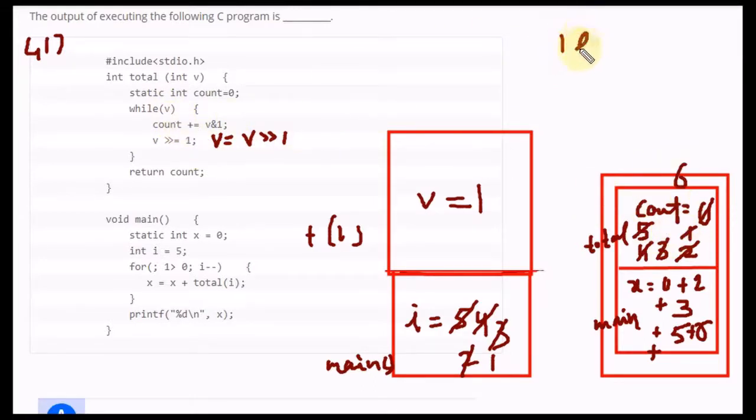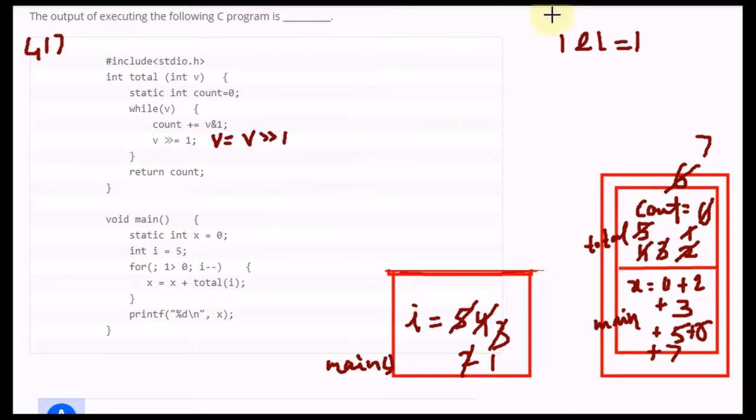So v is 1, and with 1 that will be 1, and that's why it will be updated to 7. Okay, now this value will be 0, so this condition is false. Again this will return the value of count to this total, and it will be added with x. Okay, now this was the last line, and this function will be popped out from the memory. t1 function will be popped out from the memory.